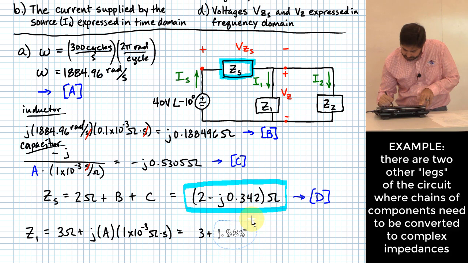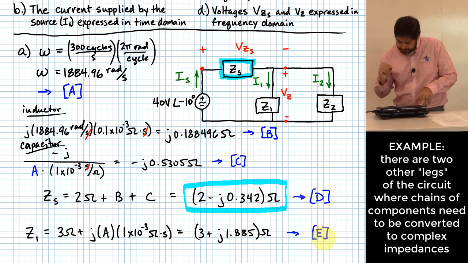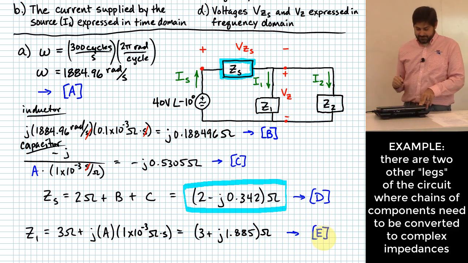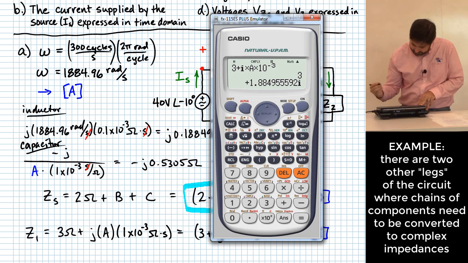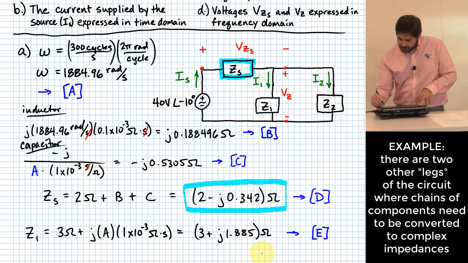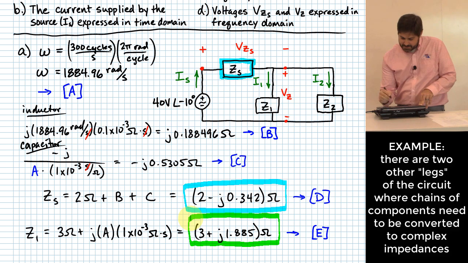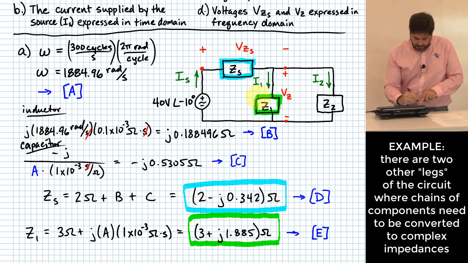So I'm going to put J over here, like this. Ohms. Do you think this is something I might want to keep? Probably so. Let me store that in E. Okay. I don't know, the next color in my little list right here is green, so I might highlight it green. Okay, that's this guy right here. All right.